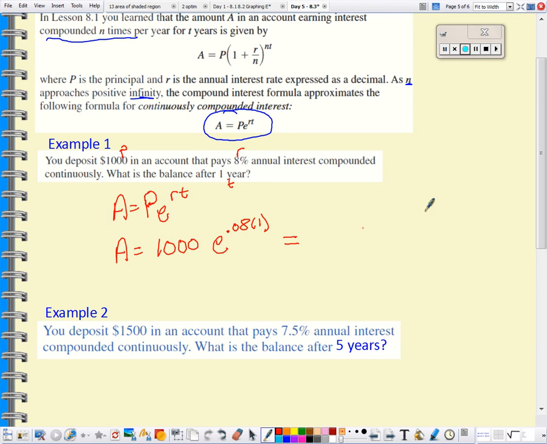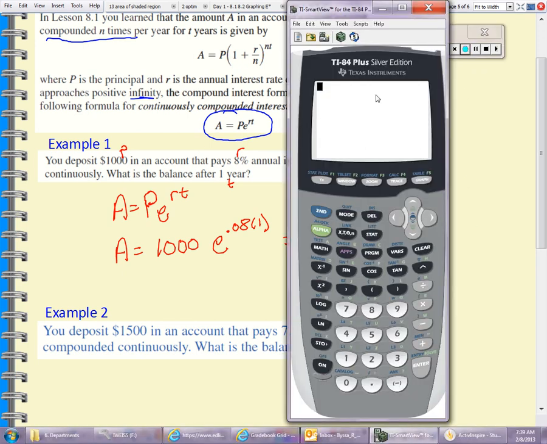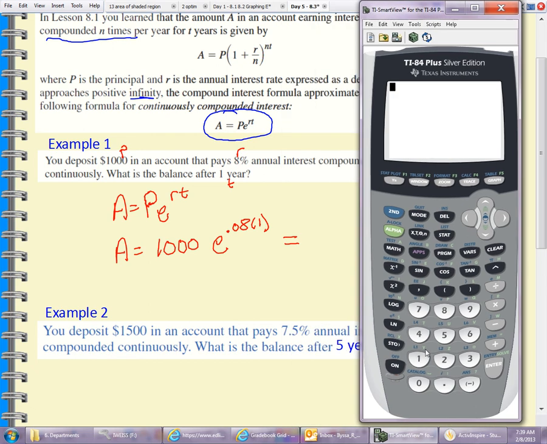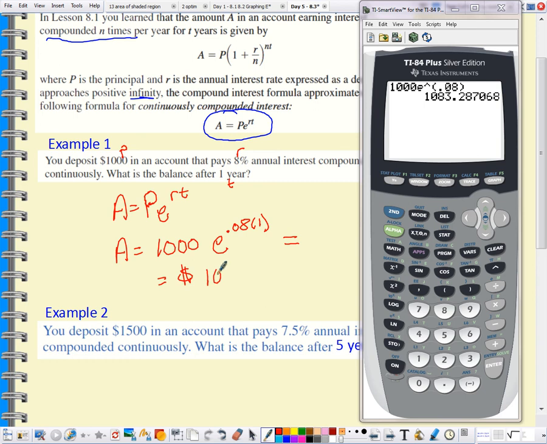If you have your calculator, which I'm going to take mine back out, we can type that in and actually get a value. 1,000 e to the 0.08. So that's $1,083.29.